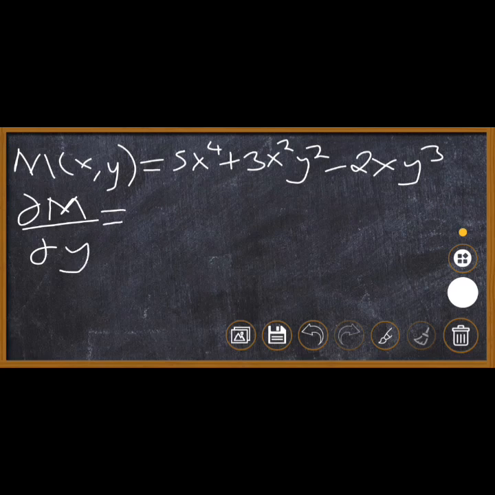So we are just going to differentiate the part that has y. This part doesn't have y, so we will just ignore it. When we differentiate y squared, of course we are going to multiply this 2 here with the 3 that is here, which gives 6x squared.